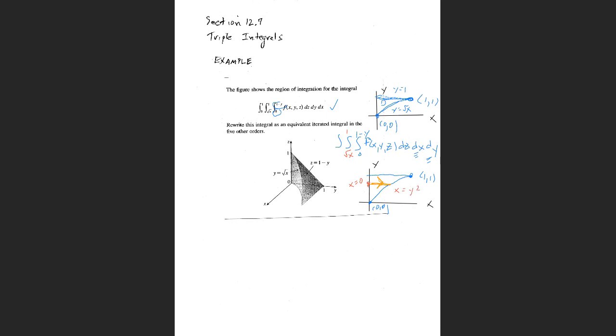And so my limits here are going to have to be x equals 0 to x equals y squared. See that? And then the y limits are still 0 to 1. Does that make sense?